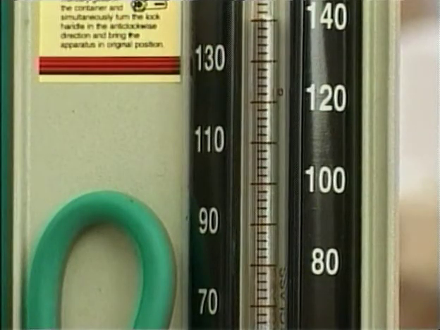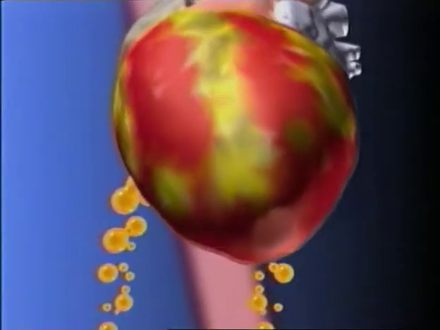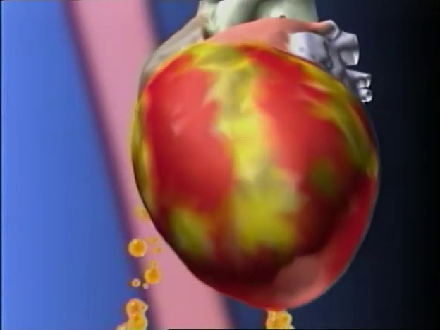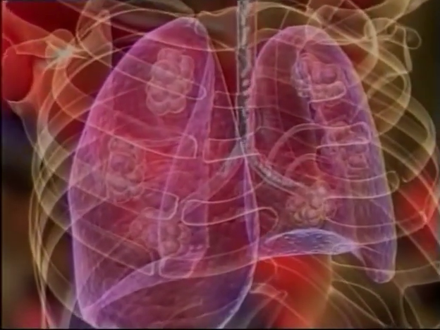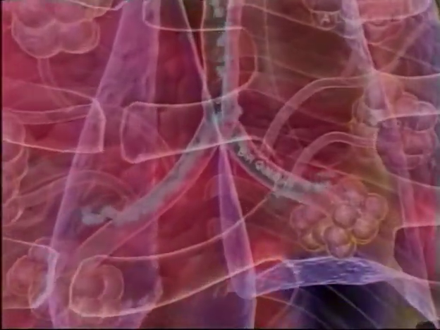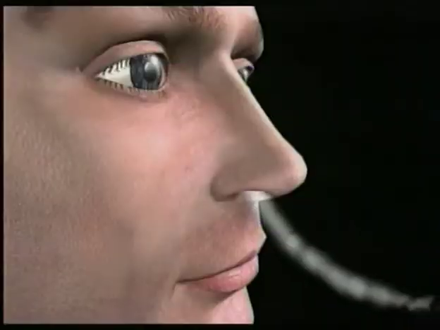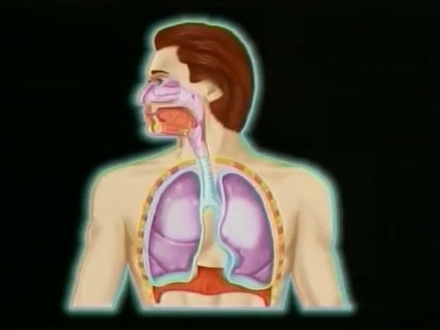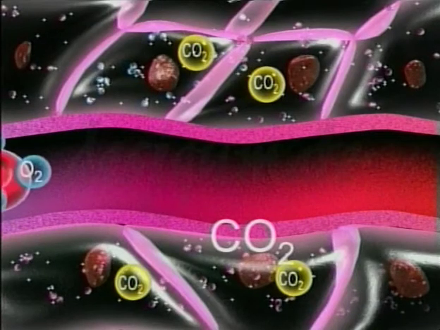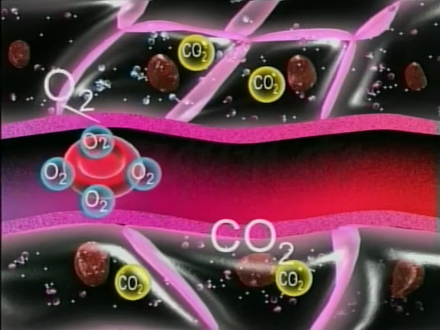Slightly higher blood pressure caused by the increased force of each heartbeat and by the elevated cardiac output opens blood flow to more air sacs or the alveoli in the lungs. This also increases the ventilation and allows more oxygen to enter the blood.